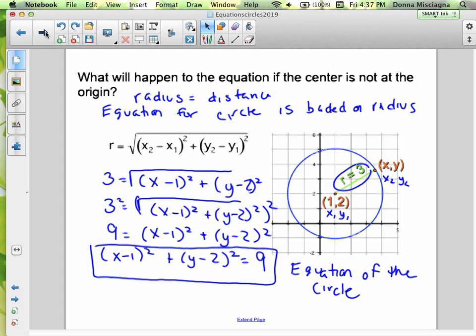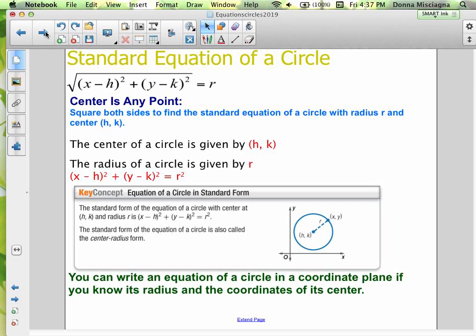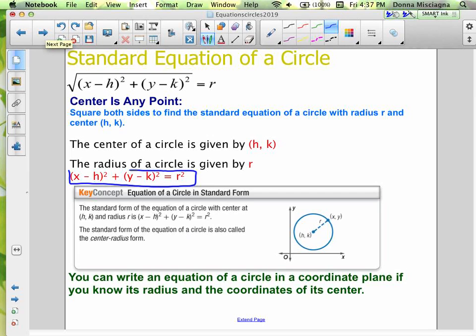And that formula is in your notes. So in your notes, you see center is any point. This part is already there. You're going to fill in the center of the circle and the radius of the circle.